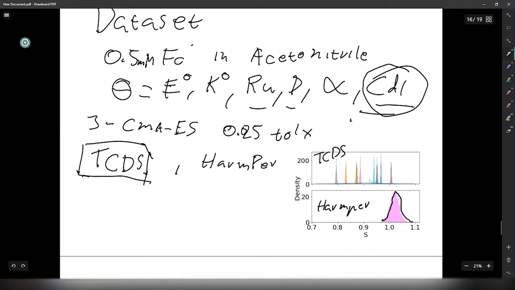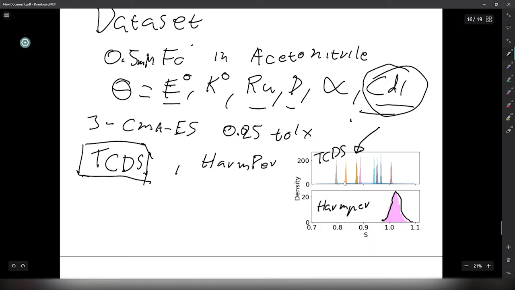Mainly because the TCDS is fitting every single bit of experimental data, whereas the harmonic percentage just grabs the mean value and fits that. So here you can see it's just optimizing for one because that's closer to what we're getting, and all the other ones are all over the shop. So if you're doing a study on capacitance, I strongly advise TCDS because capacitance varies a lot more between experiments. A similar thing occurs for E naught, generally just due to shift in the electrode potential.